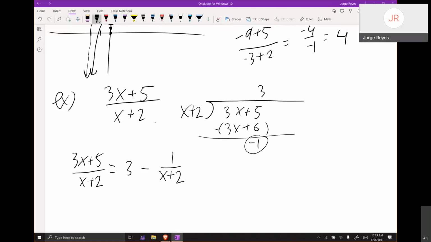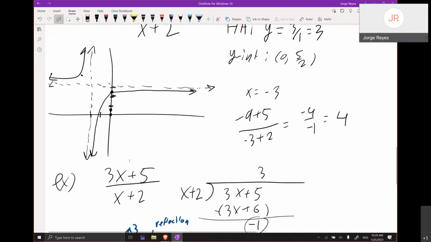Now this you should know how to graph from chapter 2, because this is a shift left 2, that's a reflection, and this is a shift up 3.